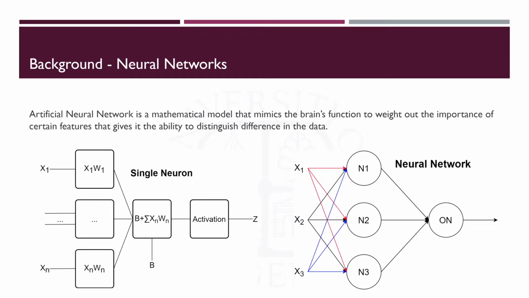When you add more neurons linked together, it becomes a neural network, in which each neuron interacts with each other and finally gives an output of a classification answer. This interaction of single neurons becomes a very powerful classifier.